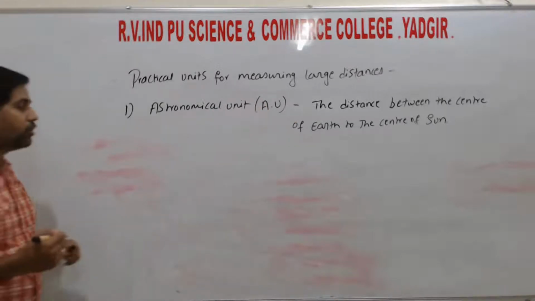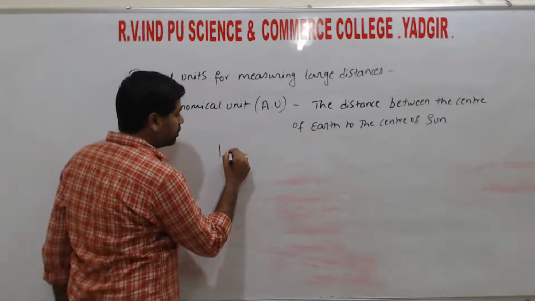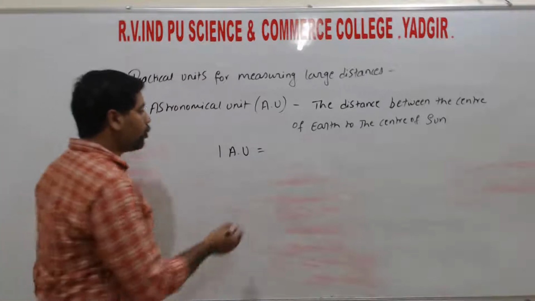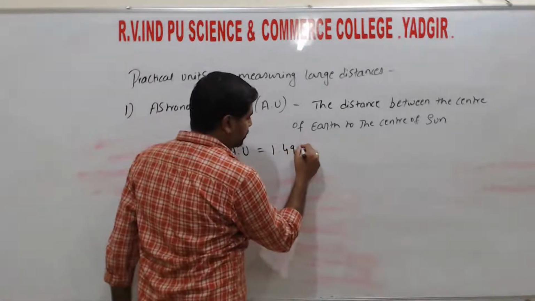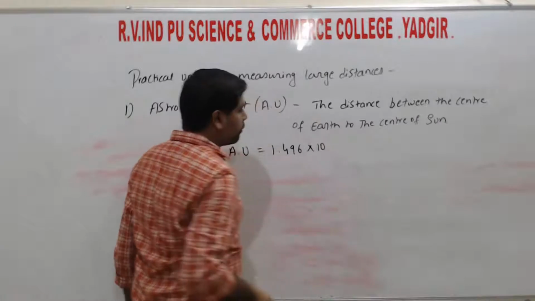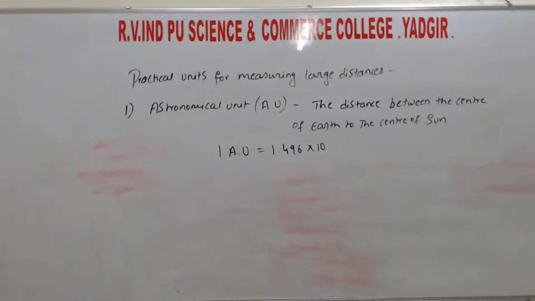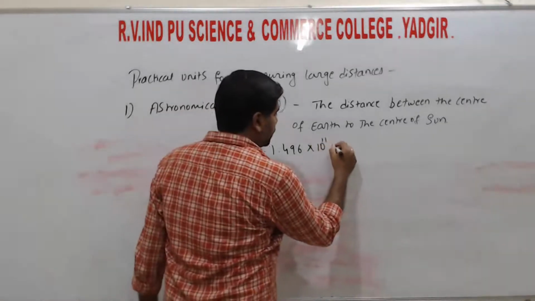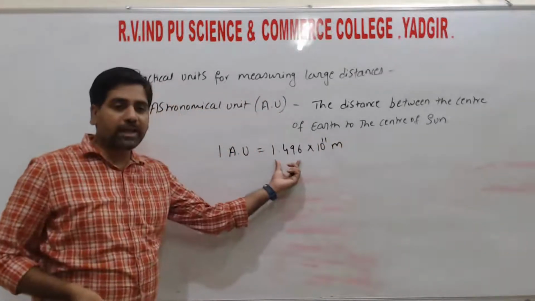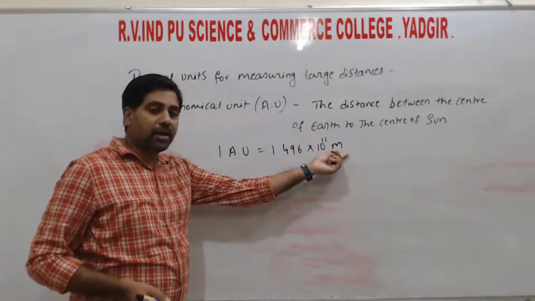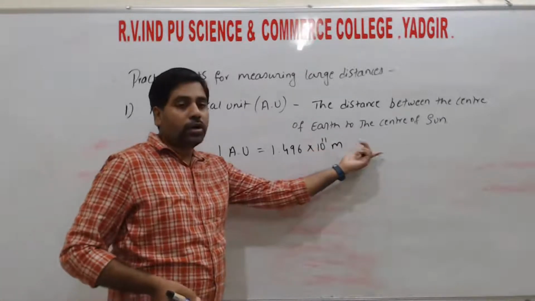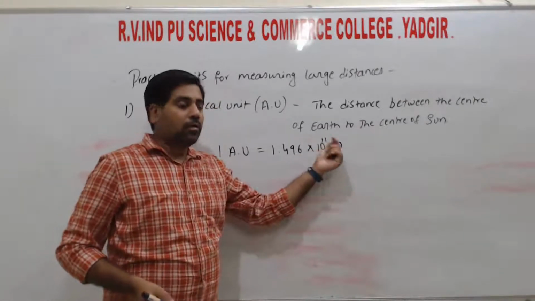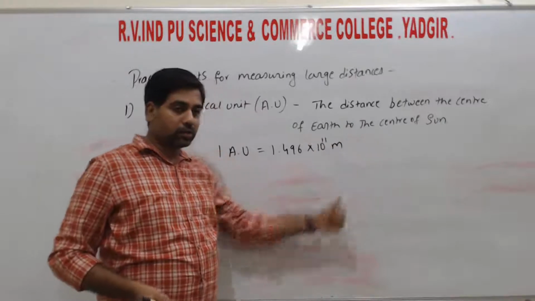So one astronomical unit is equal to 1.496 into 10 to the power of 11 meter. That is 1.496 into 1 followed by 11 zeros.